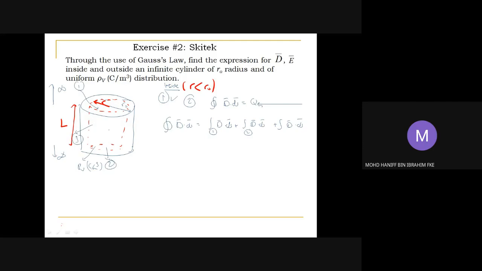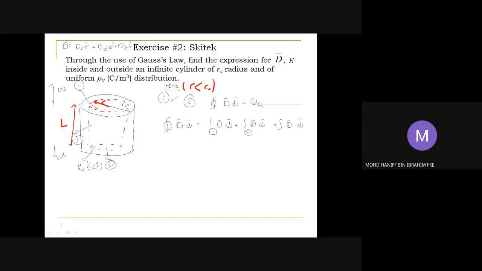Okay, so we can agree here that the direction of the flux density D for the case of a cylindrical structure could have three directions: R, then a phi direction, and a Z direction, because we are using the cylindrical coordinate system.